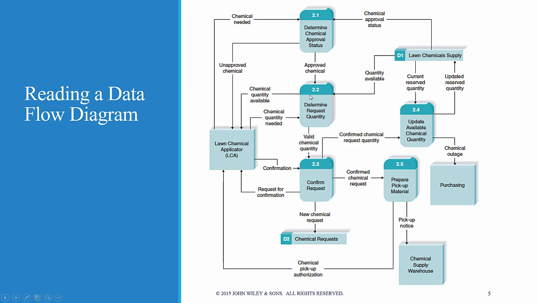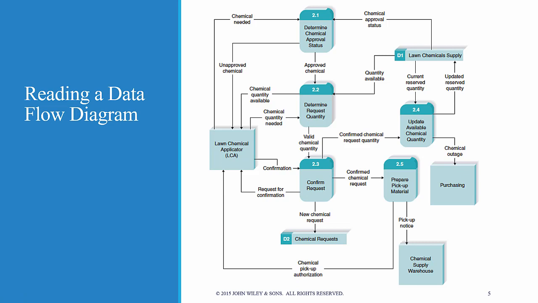Now finally, the squares, the fourth drawing element symbol in a data flow diagram, are external entities. An external entity is a person, organization, organizational unit, or system that is external to the system itself that you're developing, but which interacts with the new system being developed.